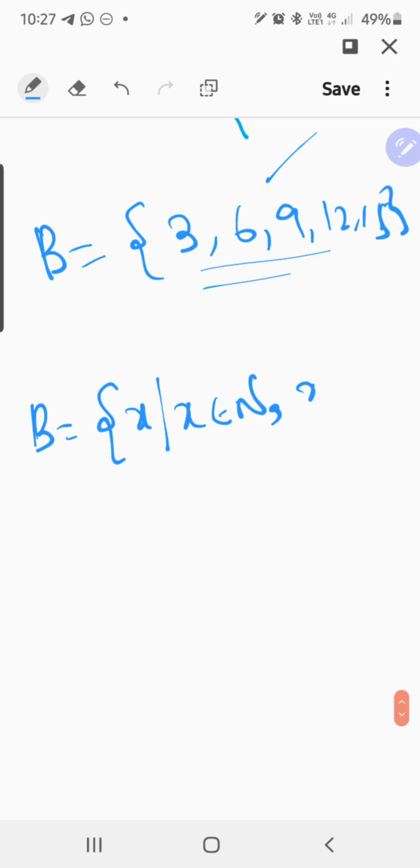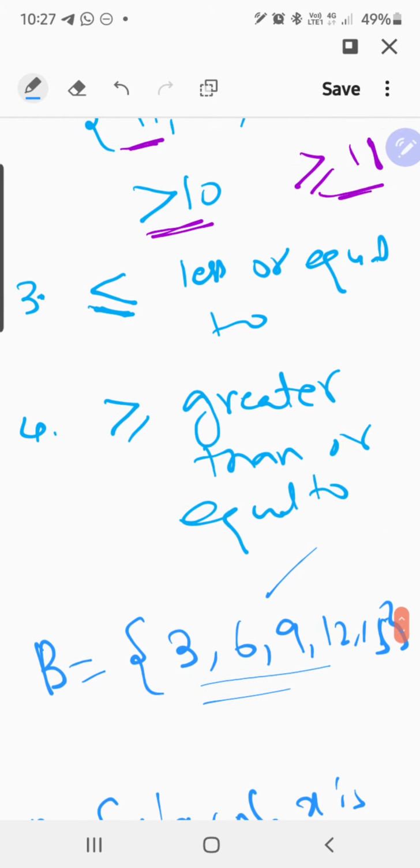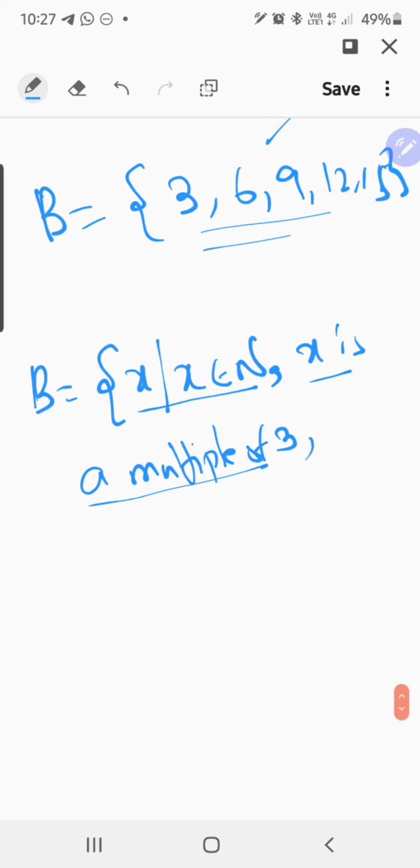Then x is a multiple of 3, comma. So this is the number system, this is your formula. Now you have to define the starting point and ending point. How can you define them? By taking less than or equal to, greater than or equal to, whichever is convenient and easy for you, you can follow that. Here what I am doing, I am using just x less than or equal to 15.